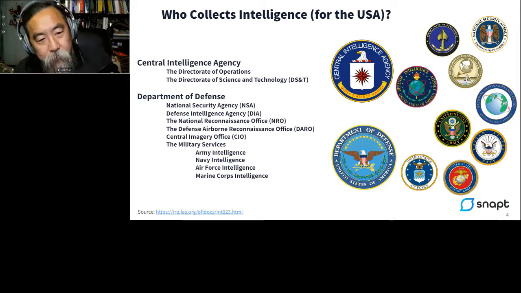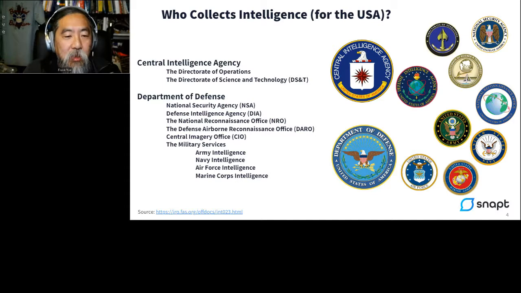Then we have the Defense Intelligence Agency. They don't as much collect, but they're the analysts. They're the ones that take all the information and determine what is useful, what is not useful, and what is important, and how this all comes together to provide actionable information.